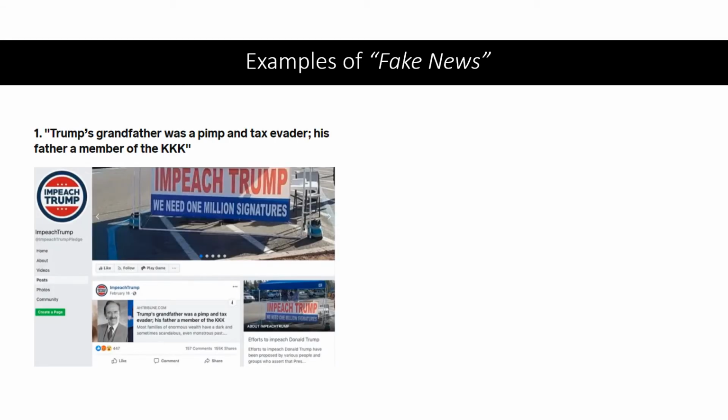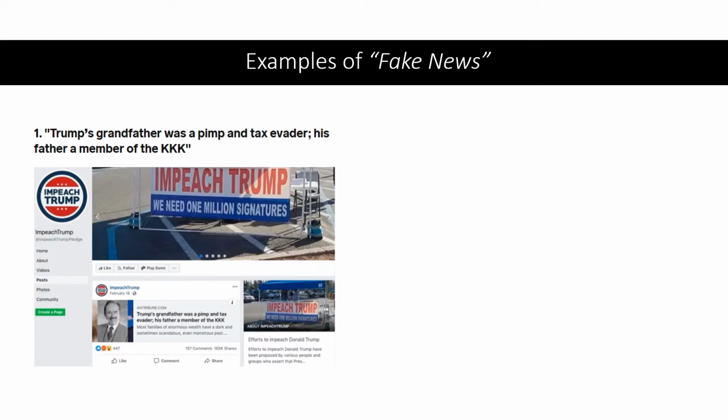First is this story. Trump's grandfather was a pimp and tax evader, his father a member of the KKK. This was the number one viewed, clicked on fake news story of 2019. It had an estimated 29 million views. There's no evidence to support either aspects of this story.